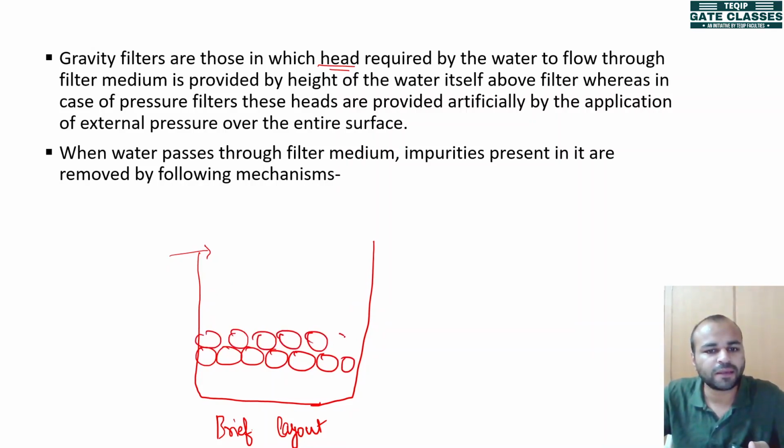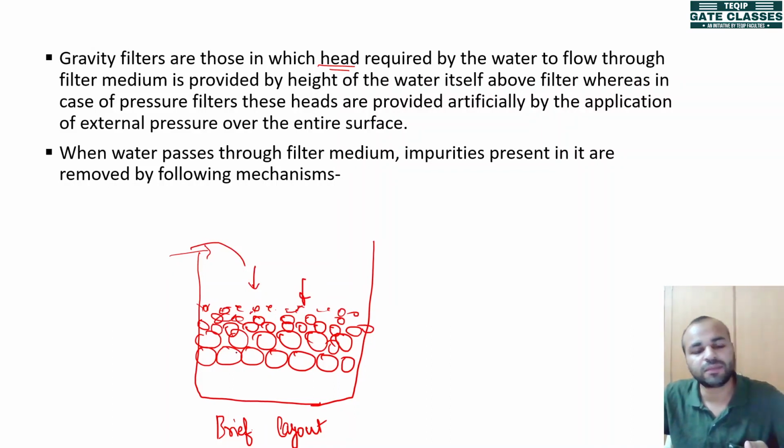Then it is covered by a layer of particles of a little different size, and above it even finer particles are used. So when the water flows through this system and finally gets filtered out, in the process many of the particles get stalled, you can say stopped, retained by the filter.